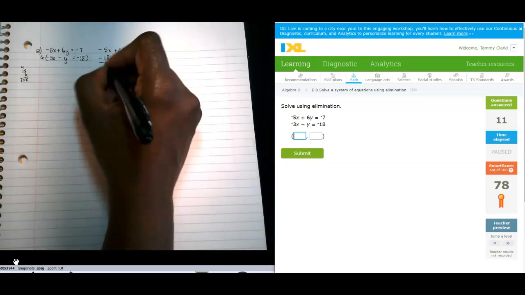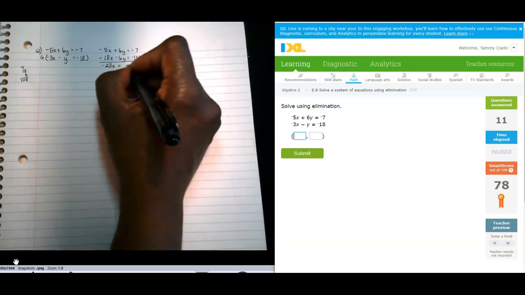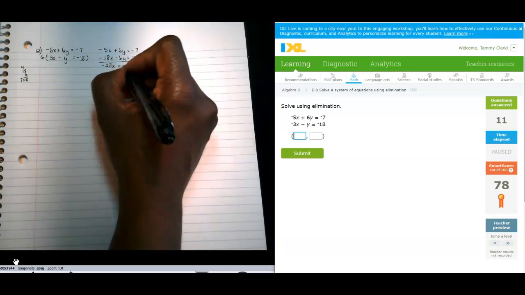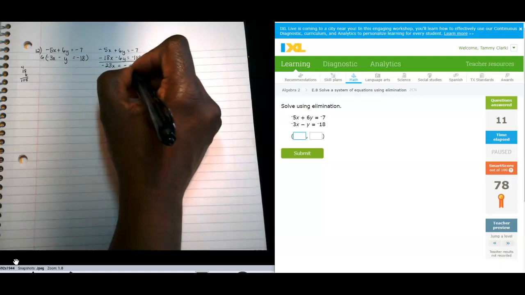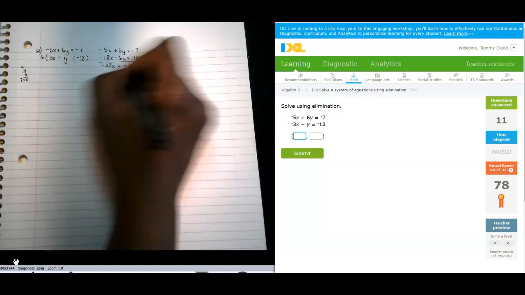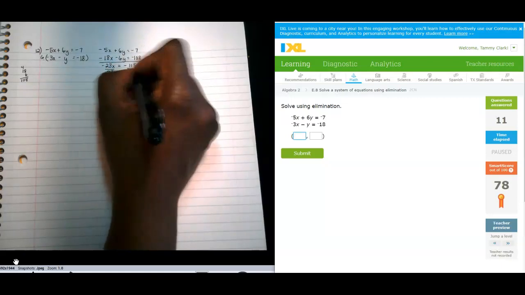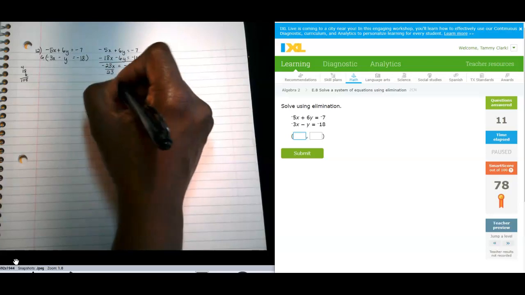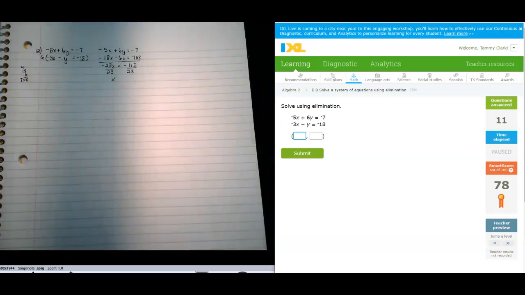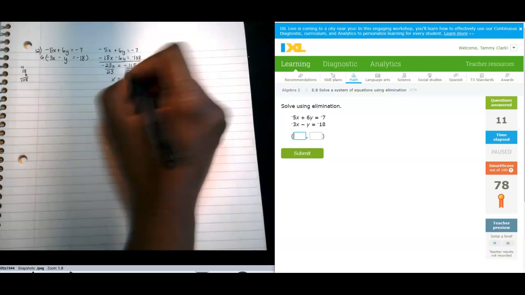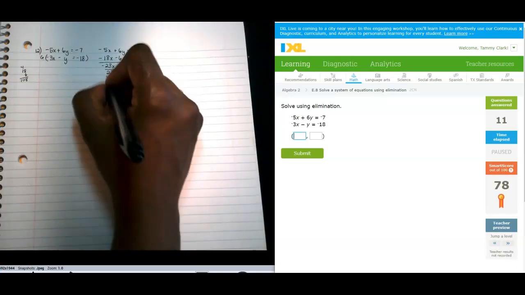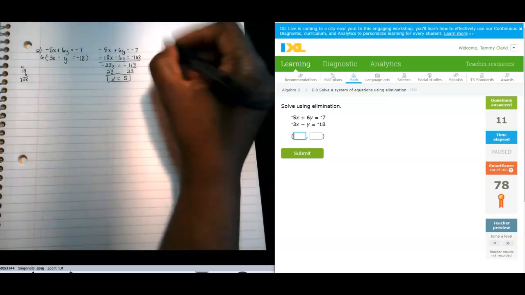So I've got negative 23x is equal to negative 115. We're going to divide by 23 on both sides of the equation. X therefore is equal to 5. So x is 5. Let's solve for y.